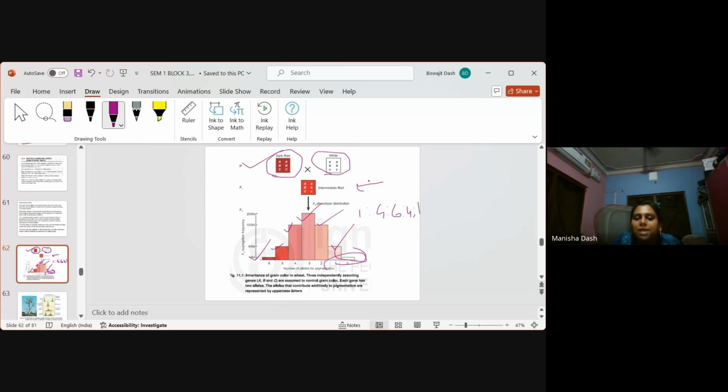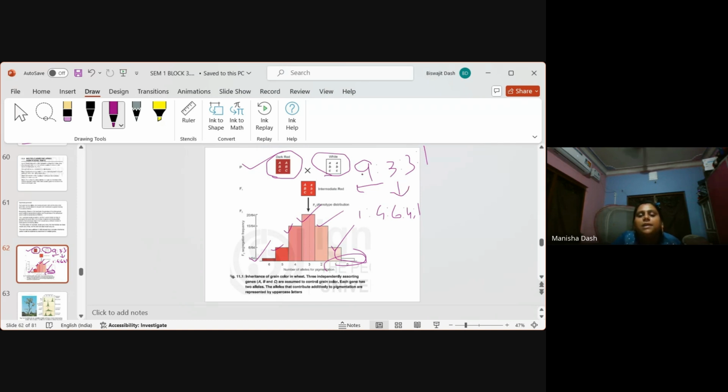But what I am trying to say is, in Mendelian cross, the phenotypic ratio of a dihybrid test is 9 is to 3 is to 3 is to 1. But if this is a case of a polygenic or quantitative trait, instead of 9 is to 3 is to 3 is to 1, the phenotypic ratio will be 1 is to 4 is to 6 is to 4 is to 1. The F2 ratio will be like this.